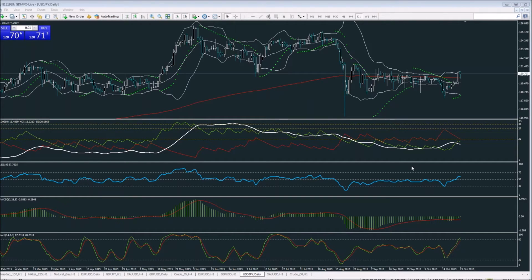So let's get back to the topic of the yen. After explaining a few general details, ladies and gentlemen, today about the place where we're actually trading the yen, the economy of Japan as well.